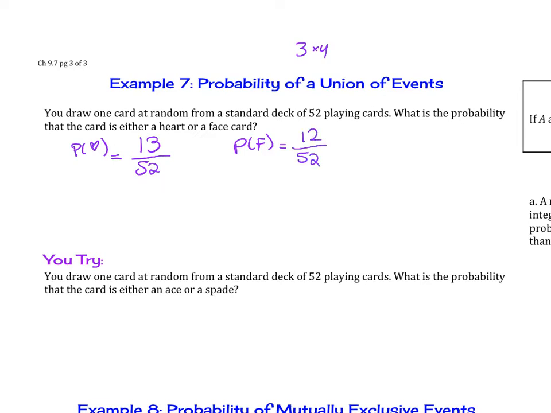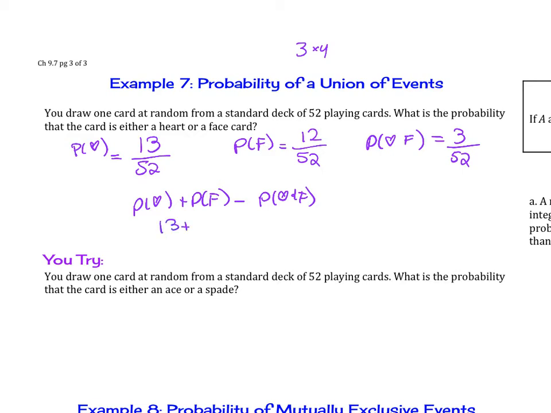But there are also heart cards that are also face cards, right? So there are 3 cards out of 52 that are heart and face cards. So what we're going to do is take the probability of the heart plus the probability of a face card minus that intersection, the probability of a heart and face card, 3 over 52.